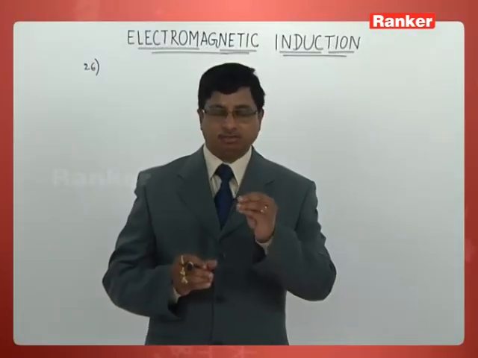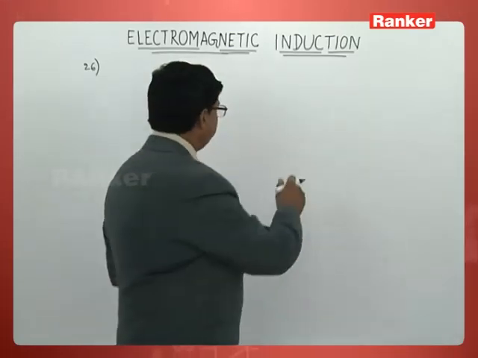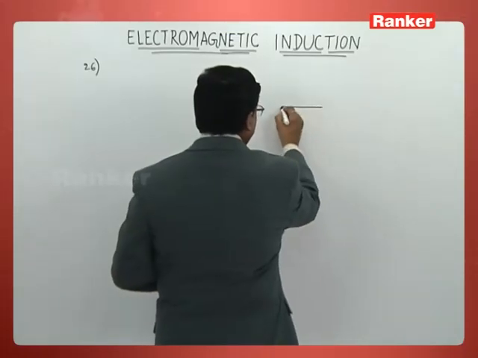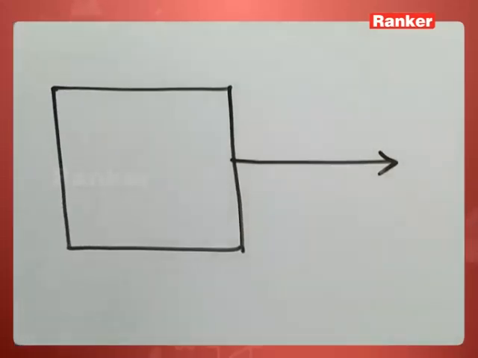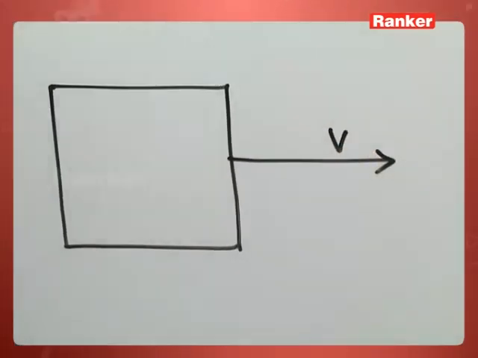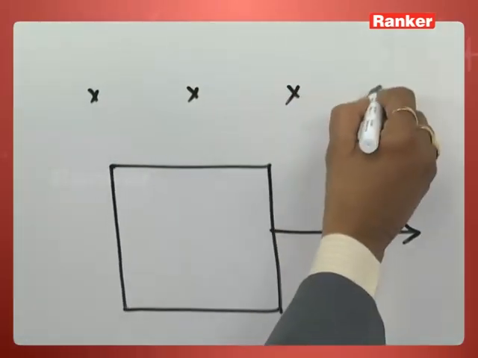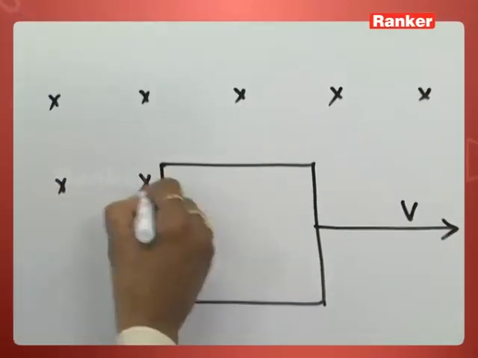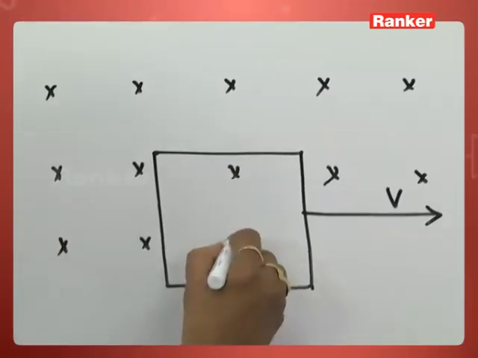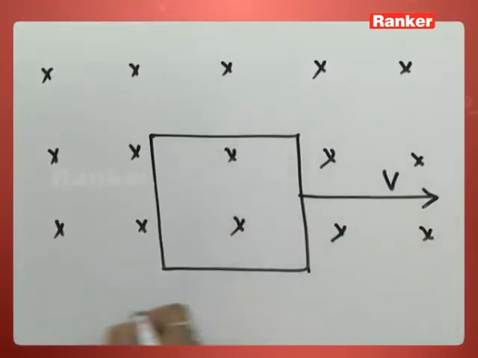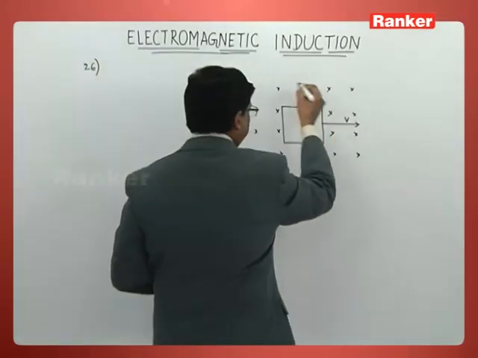Before that, let me just show you what is the figure corresponding to that. You can check that one first. He is just giving us, there is a loop like this. That loop is now moving with a constant speed v. In a magnetic field this way, the magnetic field has been given perpendicularly inward. The direction of this magnetic field is perpendicular, no doubt, to the motion of this loop, and it's directed into the board over here.